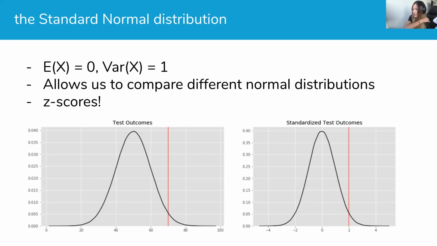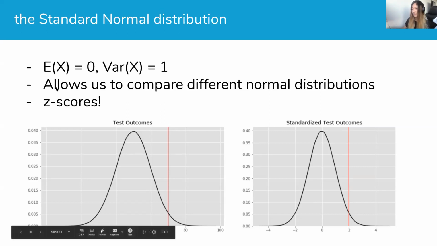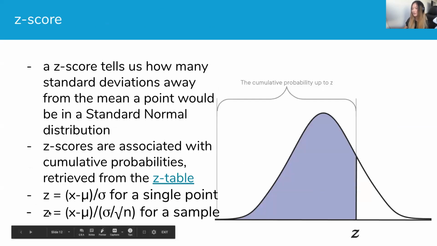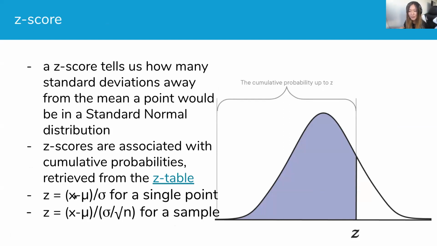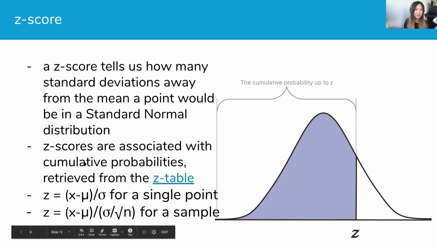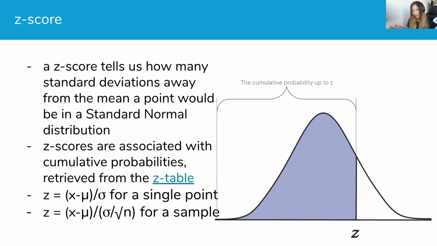And this distribution has a mean of 50 and a standard deviation of about 10. Given that we know the mean and standard deviation of this non-standard normal distribution, we can convert it into the standard normal distribution using these formulas. These are also on your Learn Labs. You take each point minus its mu, its mean value, and divide it by its standard deviation to convert it to its value on a standard normal distribution, which is its z-score.